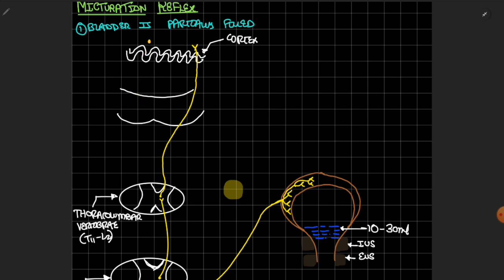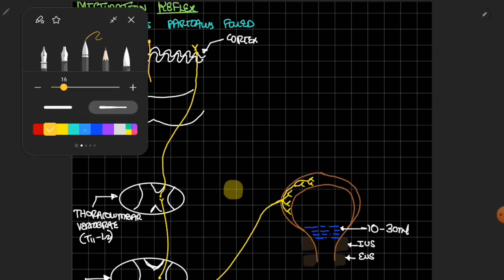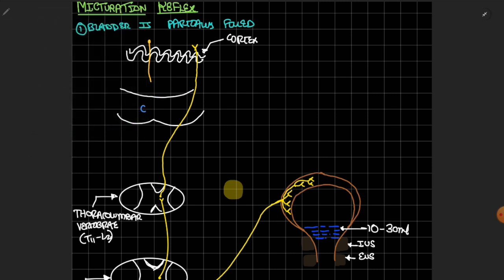Let me draw it till here. The reason I have drawn it till here is that we have to draw two centers. The pons now plays an important role, so I will highlight the two centers.